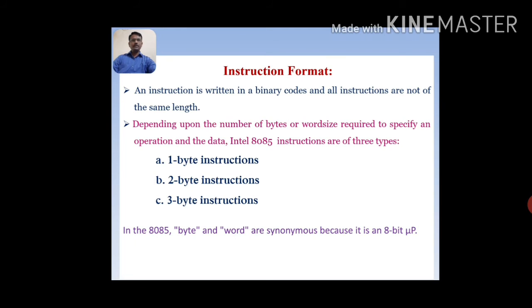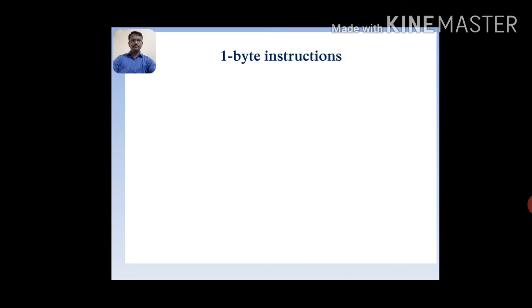In the 8085, byte and word are synonyms because it is an 8-bit microprocessor. However, instructions are commonly referred to in terms of bytes rather than words. So let us see one by one.